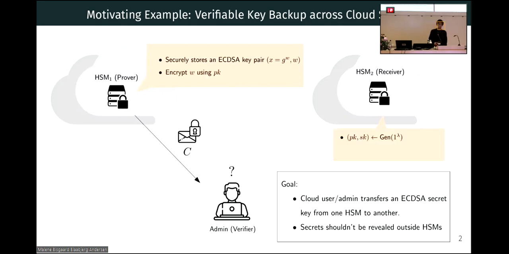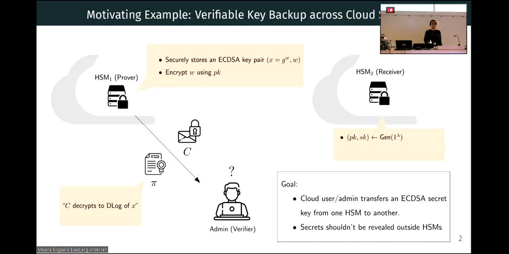So one way to achieve this is to ask the secondary HSM to create a public key encryption key pair, and then ask the primary HSM to create a ciphertext under the secondary device's public key. However, because keys should not be revealed outside the HSM, you as a verifier are not entirely sure whether this ciphertext is well formed or not.